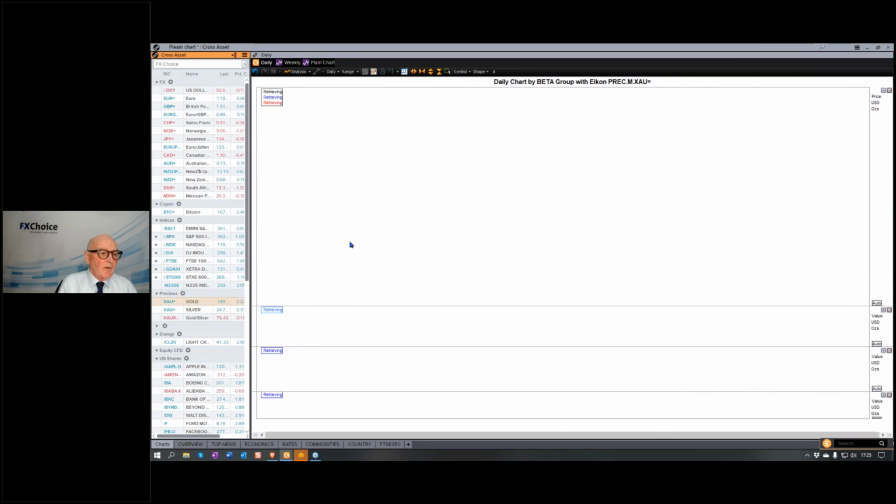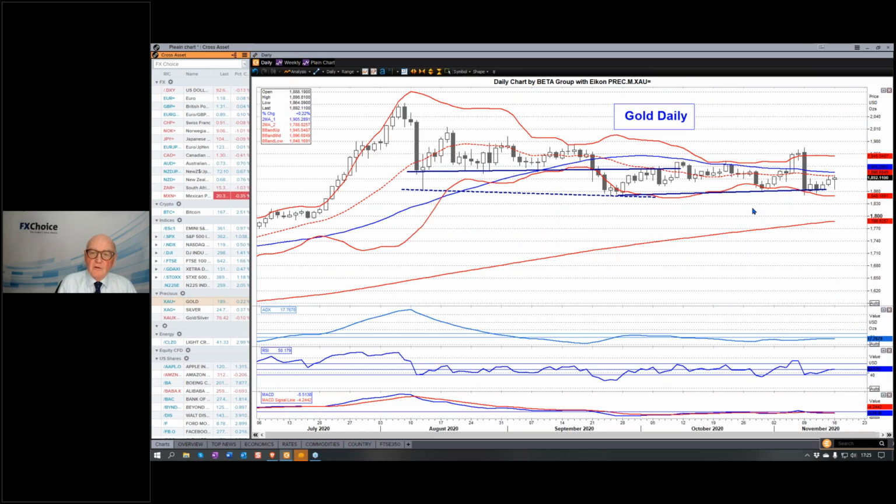So very quickly, before I run out of time, here's gold, not looking happy. I mean, gold should be doing much better. If we've got dollar weakness and people are looking for assets to participate in, we should see some strength in gold. It's a little bit steady, but it's not really very strong. I'm more worried about it breaking down. If there's any strength in the dollar, this will make gold quite vulnerable.